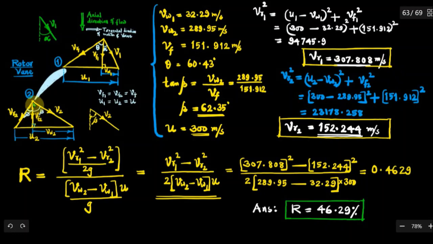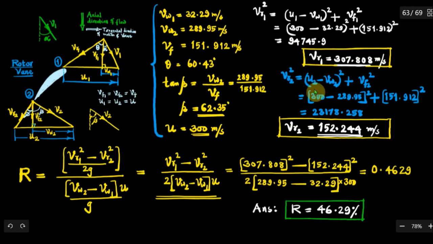Now you consider the outlet velocity triangle, the left side part, right triangle, and apply Pythagoras theorem again. Vr2 square is equal to base square plus altitude square, where the base is u2 minus Vw2 and the altitude is Vf2. So Vr2 square is u2 minus Vw2 whole square plus Vf2 square.